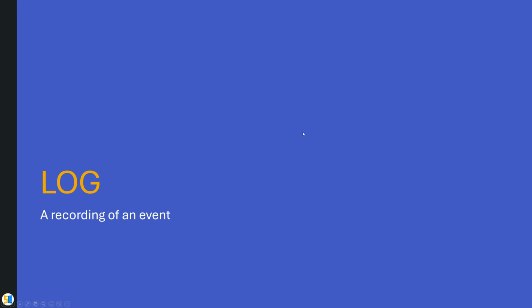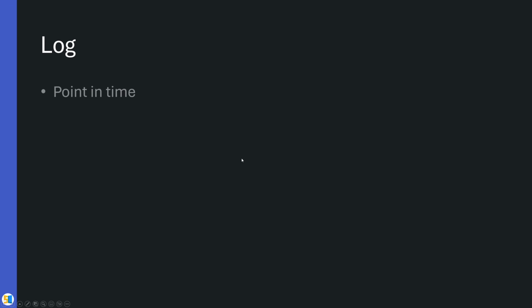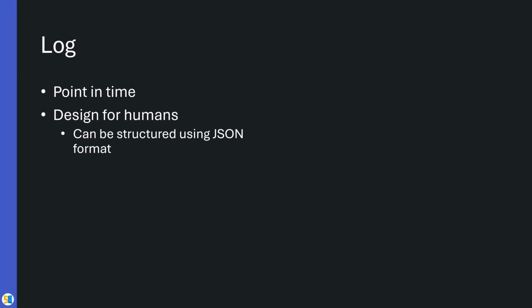So next, let's check about log, a recording of an event. Log can give us information about something that happened at a specific time. It is designed for humans. Why? Because log can be structured using JSON format, easier to read and understand.